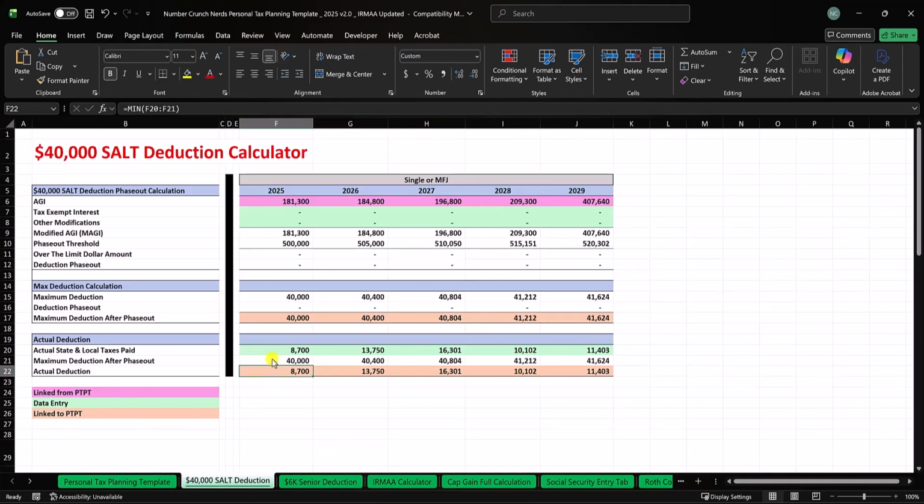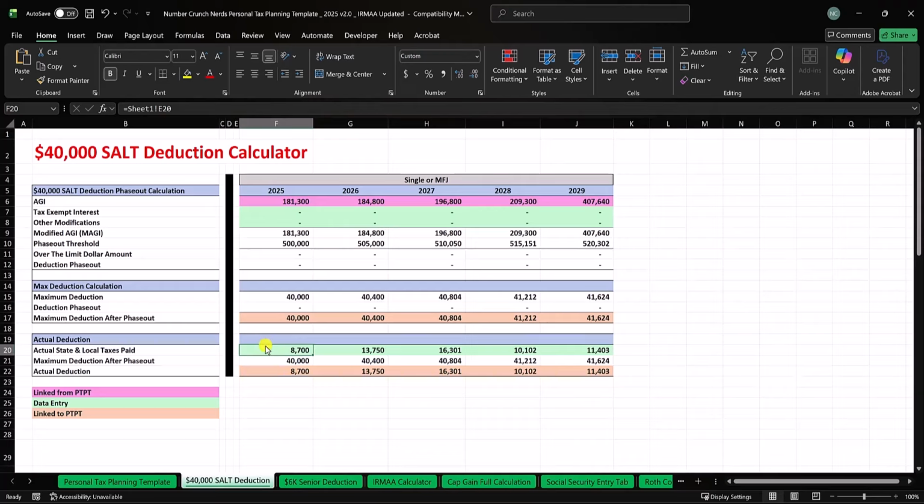And as you may recall from previous training videos on this tab, this section right here is comparing the actual state and local taxes that you paid for the year against the maximum deduction that you are allowed after phase out. In this particular case, there is no phase out. And so the actual deduction equals the amount of state and local taxes that you paid, in this case, $8,700 for 2025.